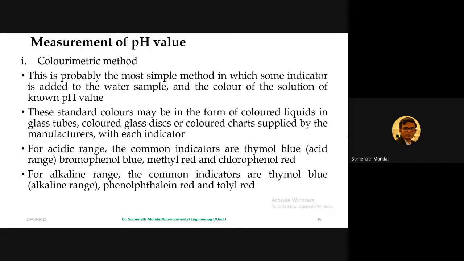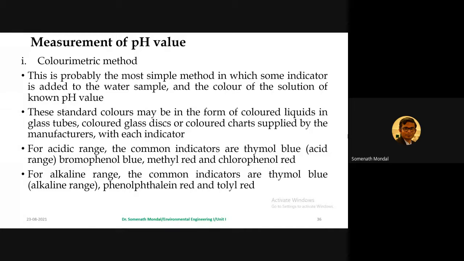Now, for the acidic range, the common indicators are thymol blue, bromophenol blue, methyl red, and chlorophenol red. Within the acidity range, we can use them as common indicators. Whereas for the alkaline range, the common indicators are thymol blue, phenolphthalein, and toluene red.